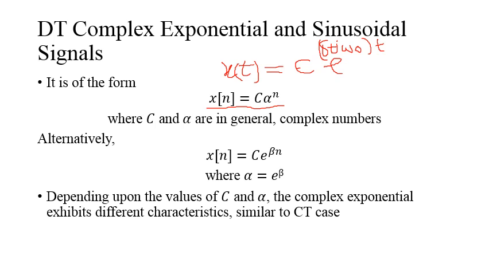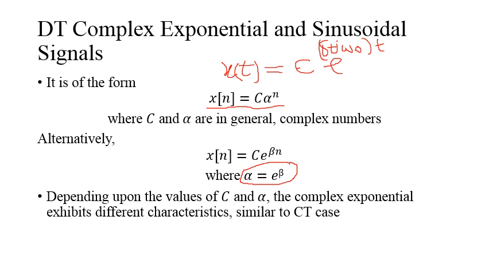So exactly similar is the representation of the generalized form of the discrete time complex exponential signal, which is x of n, like this. So I hope you can appreciate the difference between the notations of the continuous and discrete, right? This can also be written as x of n equals c e power beta n, where alpha is replaced by e power beta.